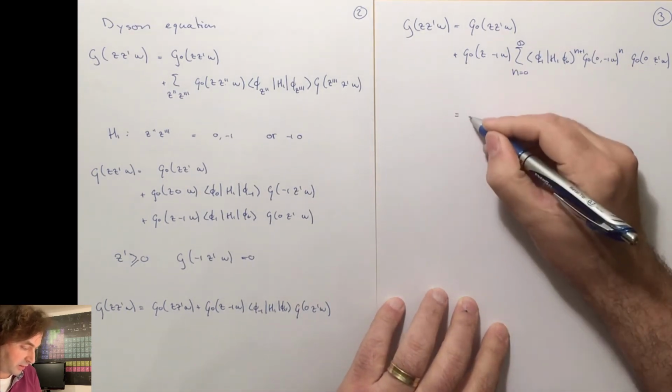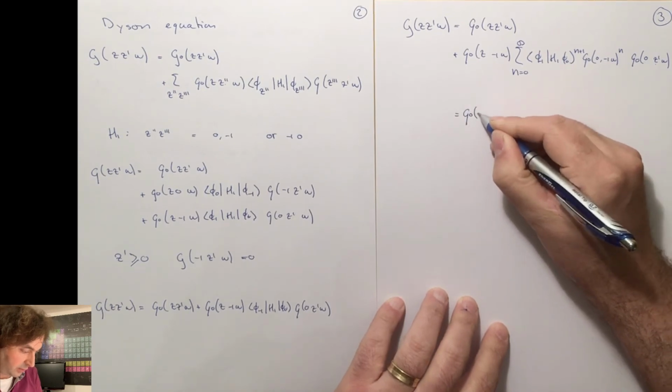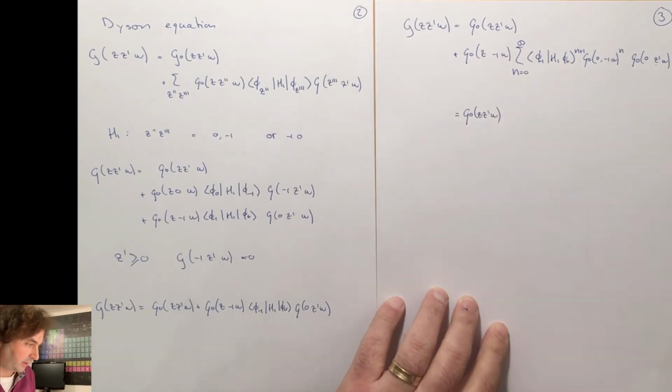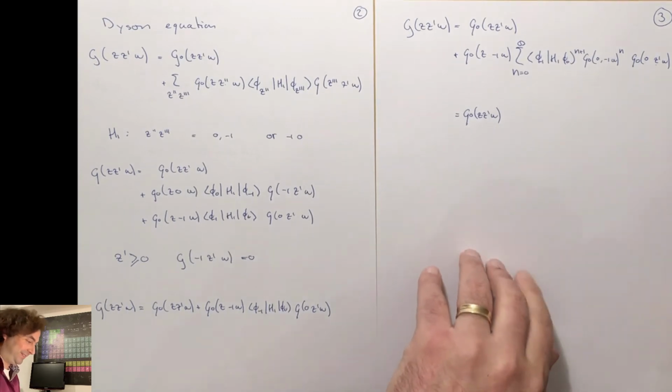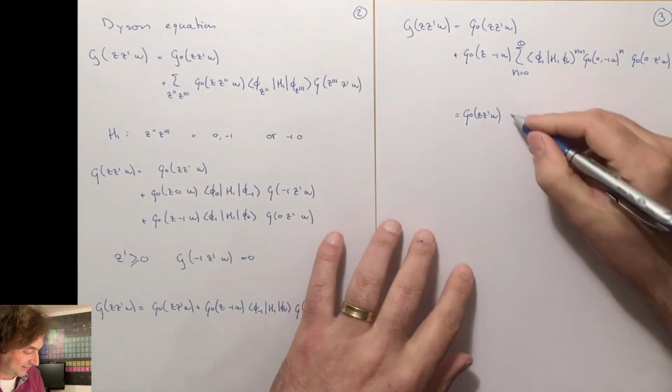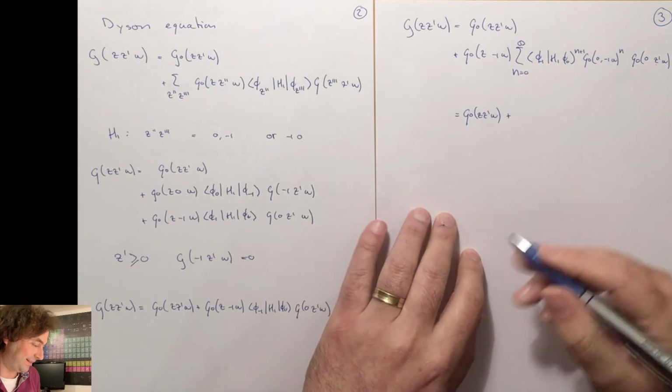Now this is a geometrical series. We nicely assume that our Green's functions are analytical, such that we can do analytical continuation in this infinite sum.